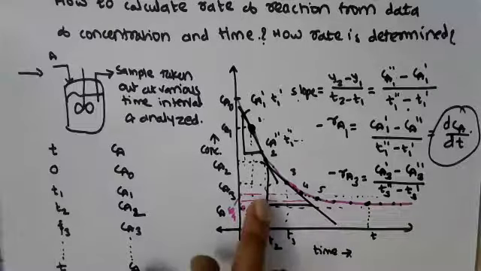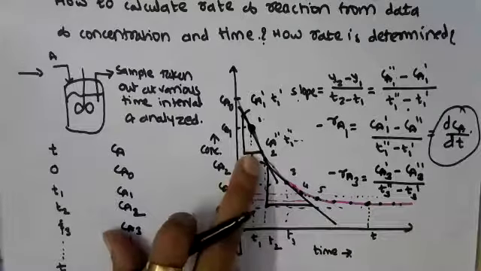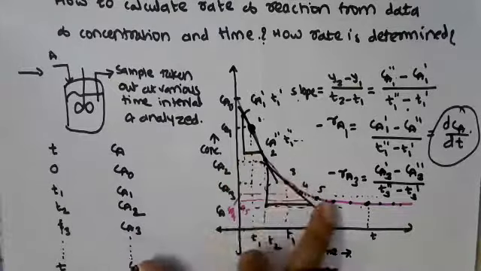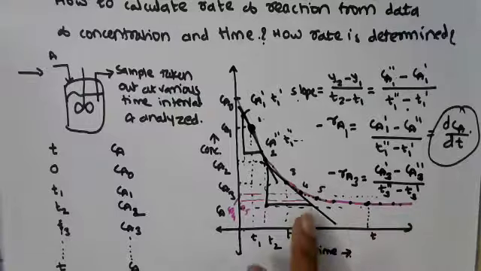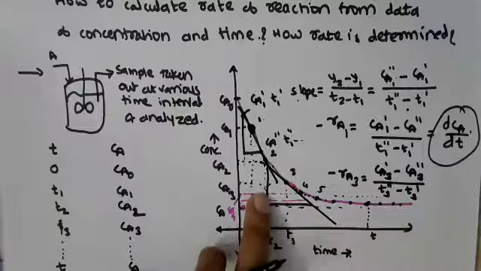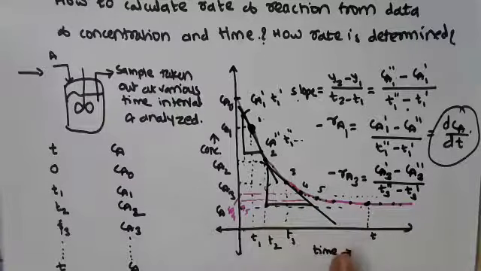So in this way, for every point, you have to draw the tangent, and the slope of the tangent corresponds to the rate of reaction at that point.